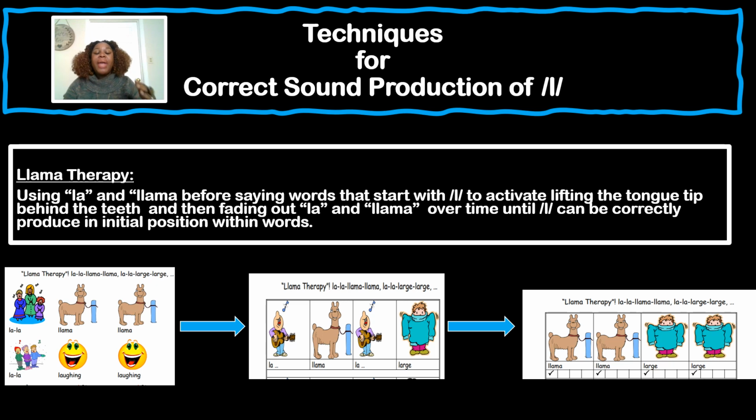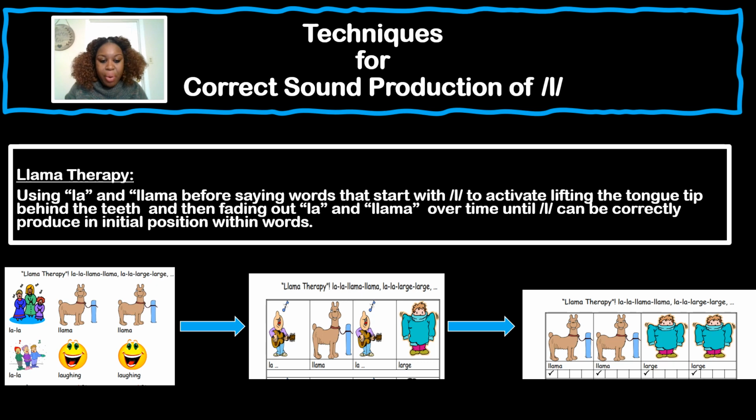As the child becomes familiar with saying la or llama, over time you fade out putting la or llama before the word so that they are able to produce the L in the initial position within words.